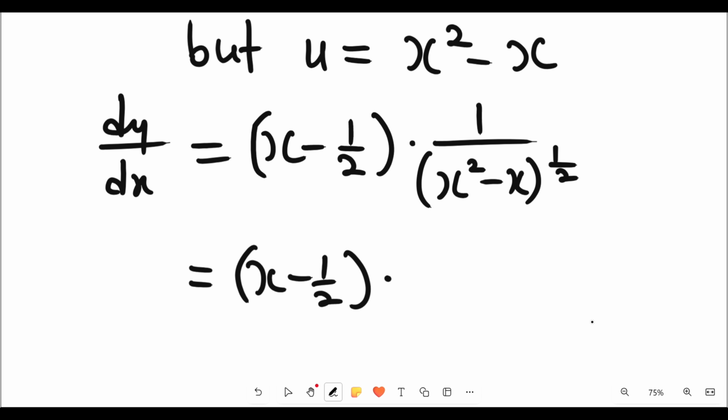Any number having a power of half is the same as the square root of the number. So we have 1 divided by the square root of x squared minus x.